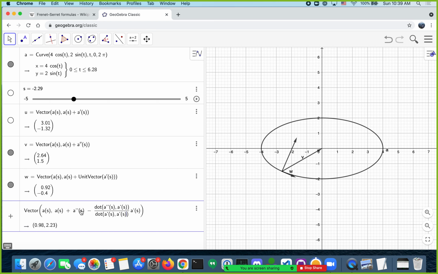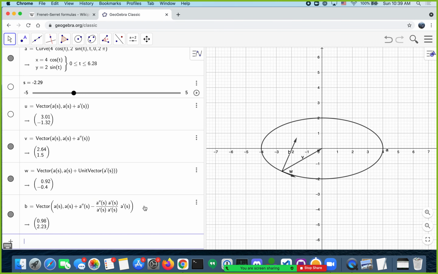I'm taking the acceleration and removing its component in the velocity direction, subtracting off a certain amount of the velocity vector, so that what I'm left with is a normal vector, and you can see it right there. This is the vector n in TNB.